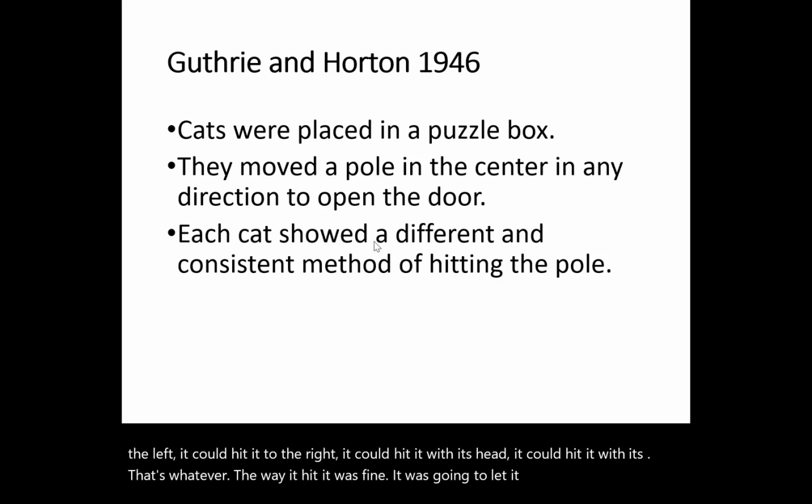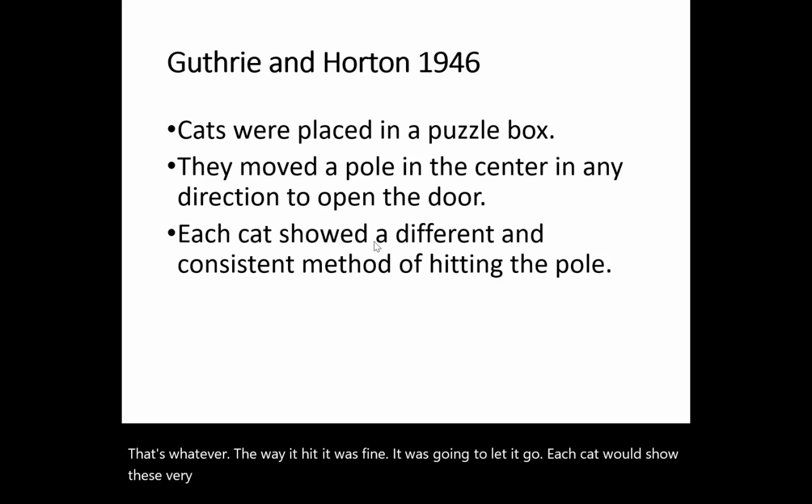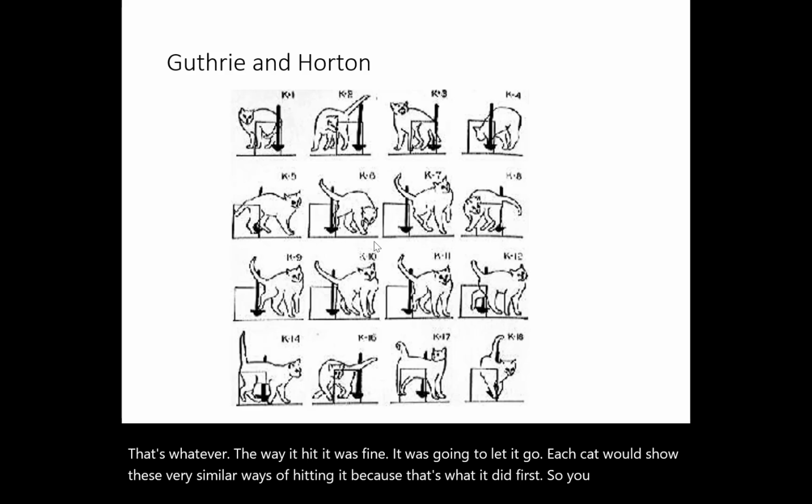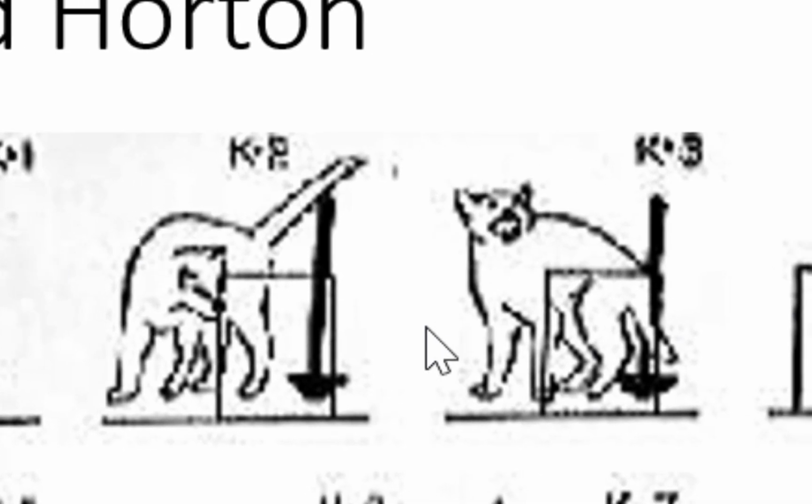Each cat would show these very similar ways of hitting it because that's what it did first. So you had some cats who got out by coming up to it and hitting it with its butt. And every time you put the cat back into this puzzle box, it could hit it with its face, it could hit it with its paw, everything worked.